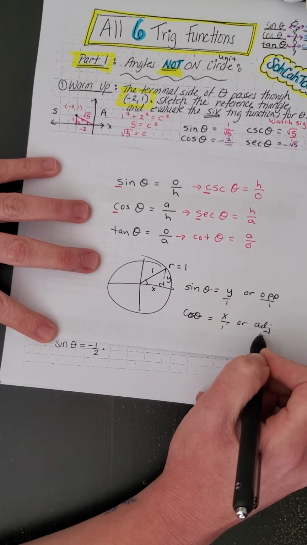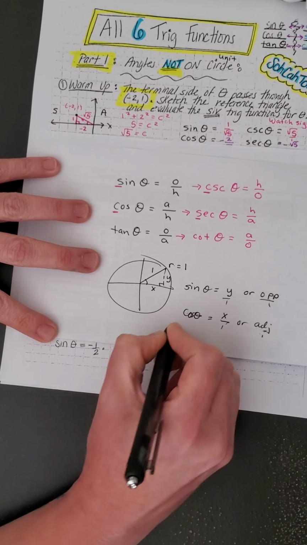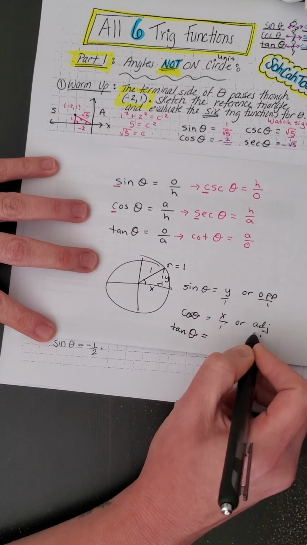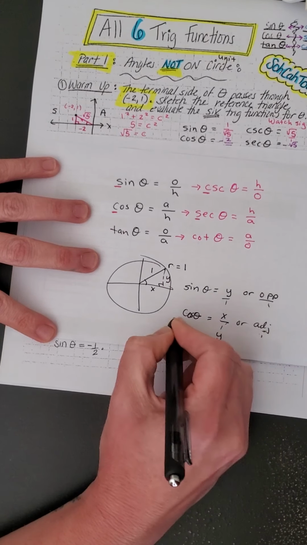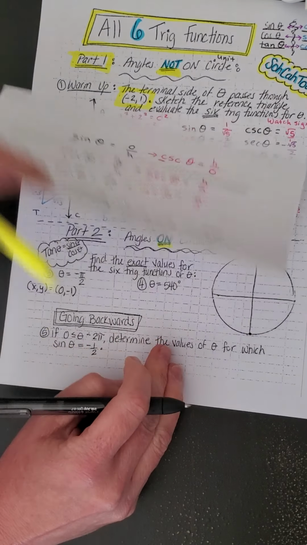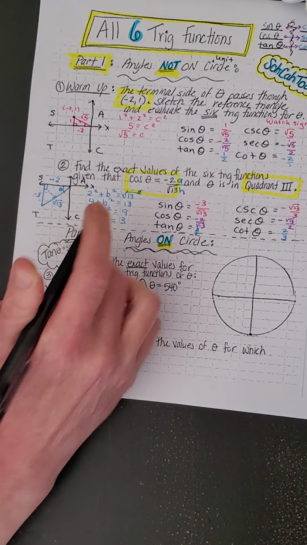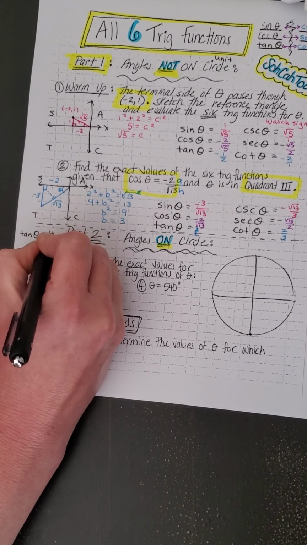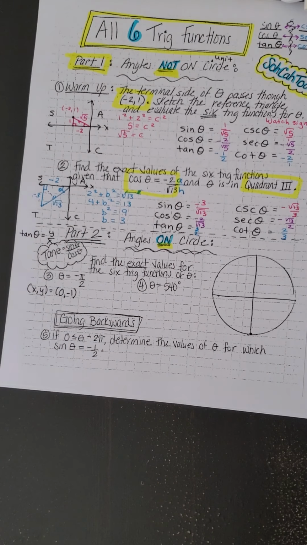And opposite over adjacent is tangent. So tangent theta is opposite over adjacent, or y over x. Big idea here, guys, so make sure that you put that down. Not only is it sine over cosine, it's also tangent theta is y over x. We had talked about that a little bit last time. All right.